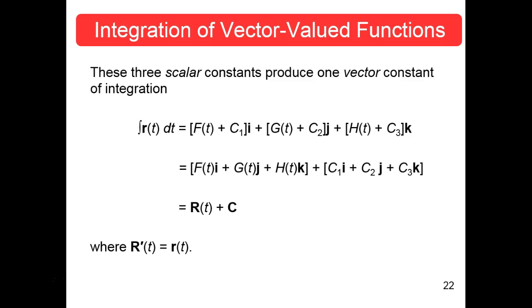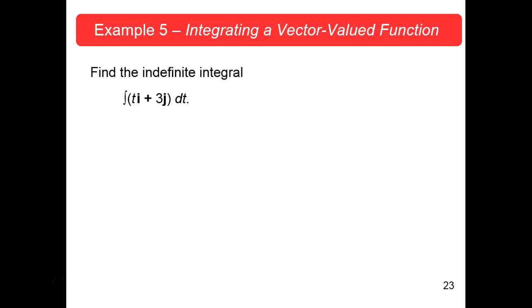So you wind up right back where you were: f of t i plus g of t j plus h of t k.